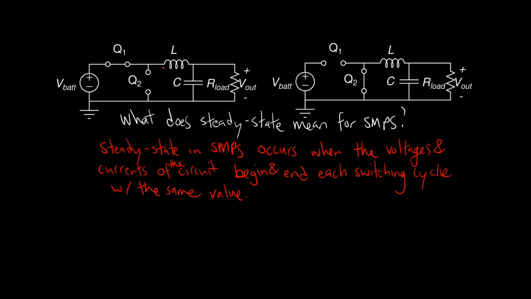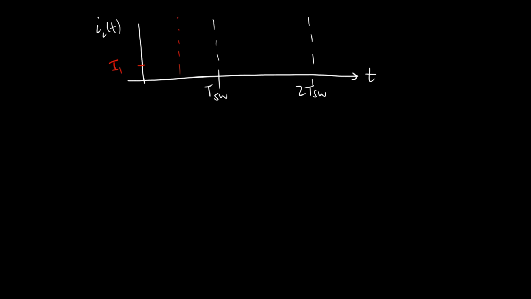If we imagine there's some VL of t, we're applying a positive voltage to the positive terminal, and there's some smaller voltage, because V out is always less than V in, at the negative terminal, which means that the derivative of the inductor current is some positive value, which means the inductor current is increasing, right? So in this first subinterval from 0 to dTSW, the inductor current rises up. Who knows what the shape is? I'll just draw it like this, right? And eventually it reaches some new current, which I'll call I2.